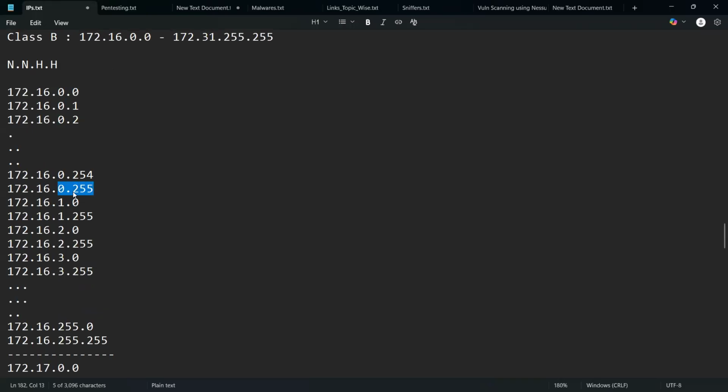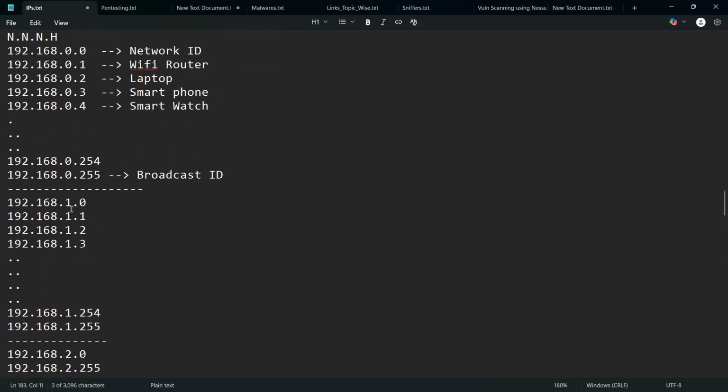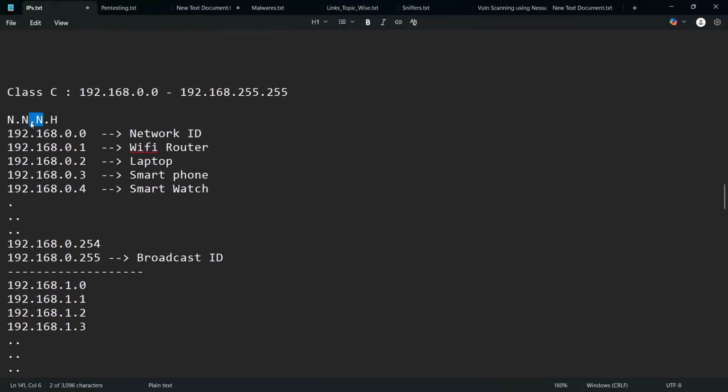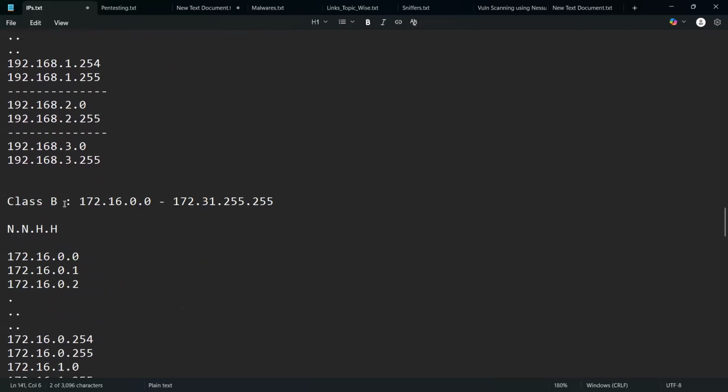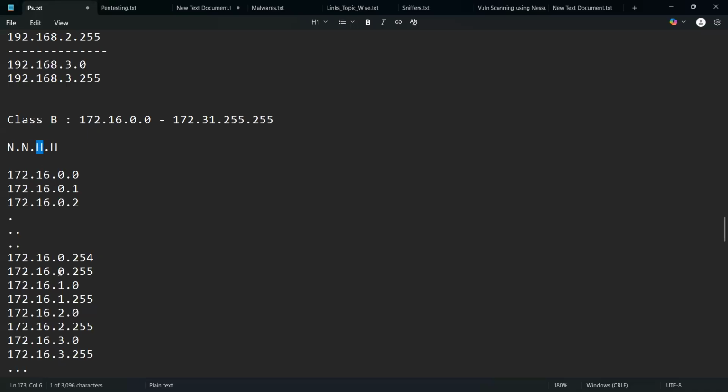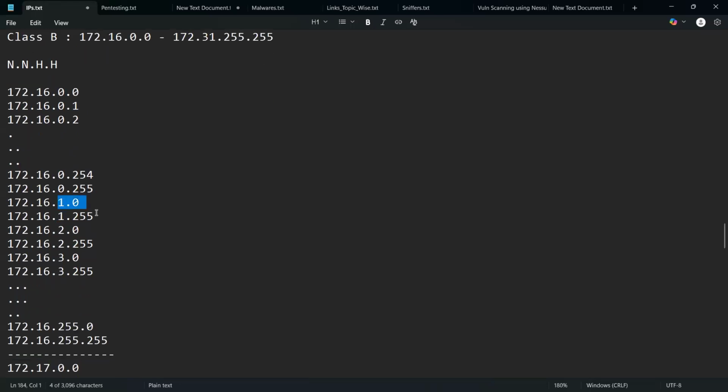Now after 0.255, you have 1.0. Please note, the network doesn't divide here. Unlike class C, where after 0.255 the network divides at 1.0 because the third portion is also a network portion, in class B the third portion is also a host portion itself. So 0.255 can now communicate with 1.0 also, and all the IPs are under it.